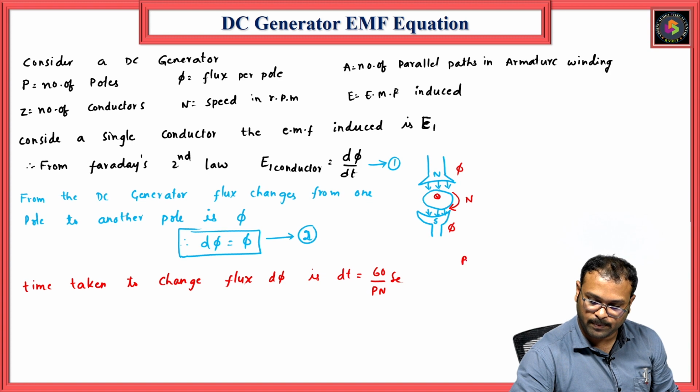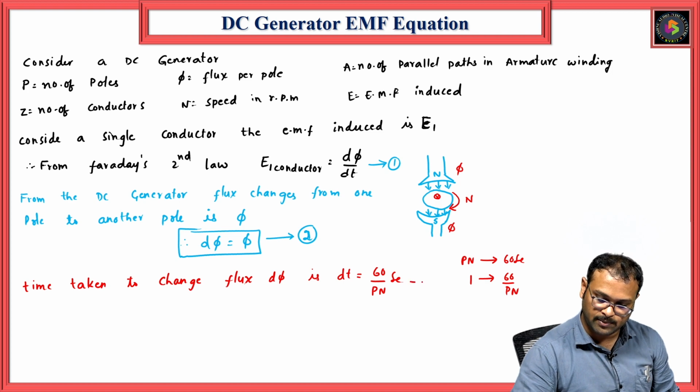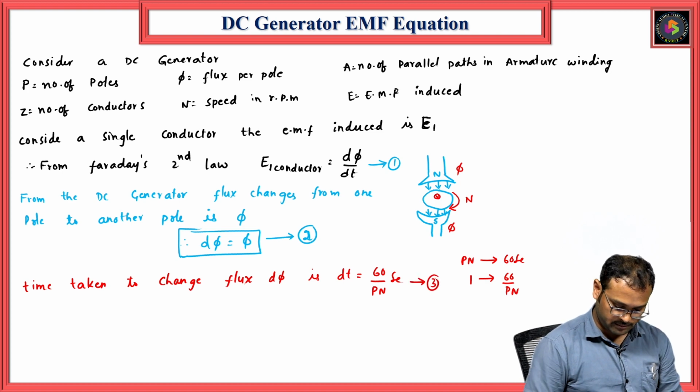As we know, Pn times the flux will change in 60 seconds, so one time to change the flux takes 60 by Pn. This will be our second equation.